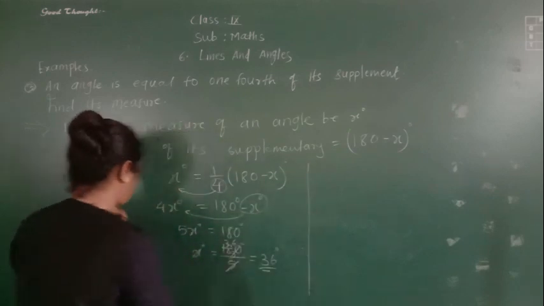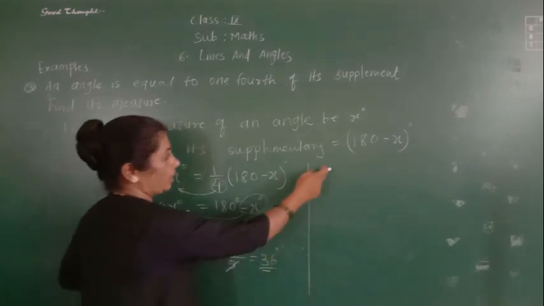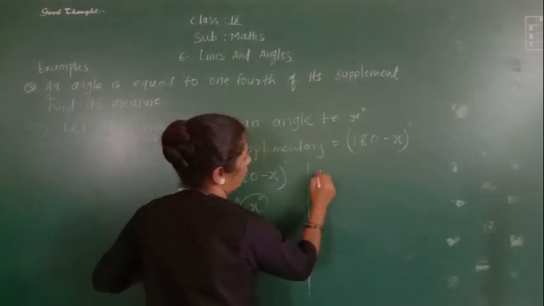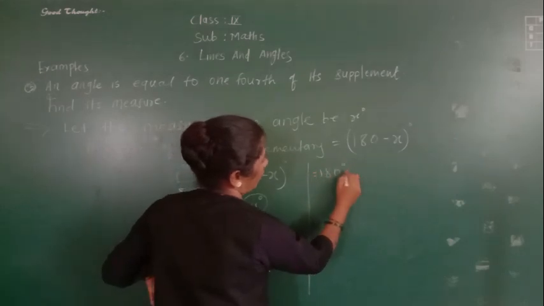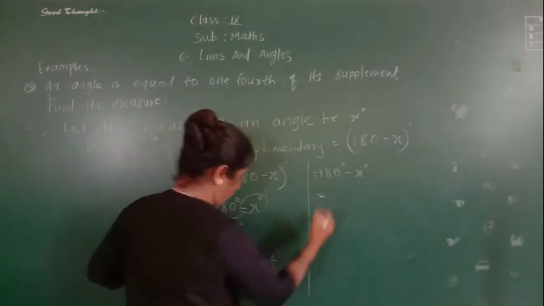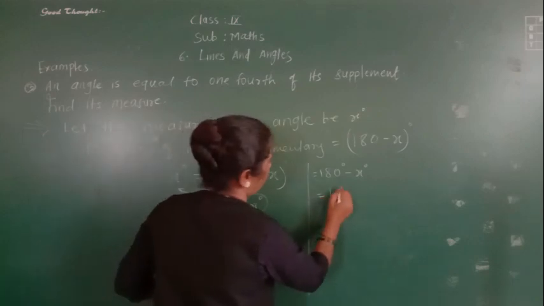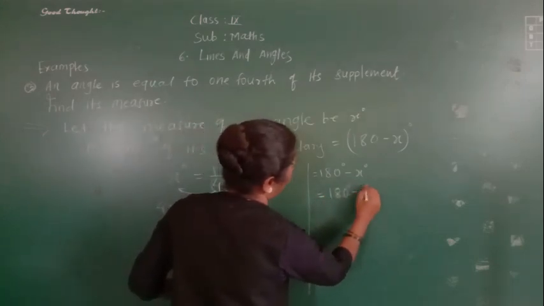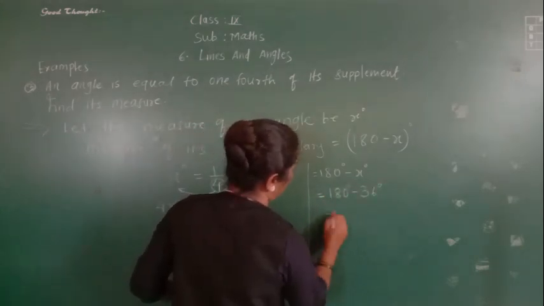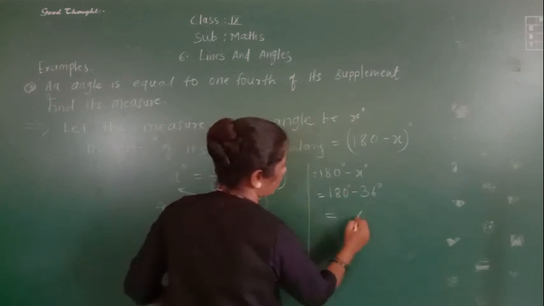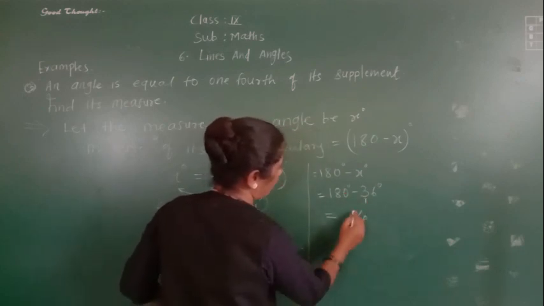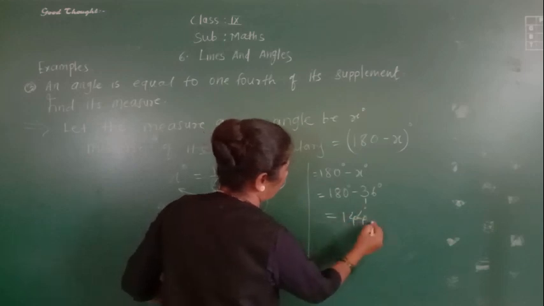Now here, what is its supplementary angle? 180 degree minus x degree, so 180 degree minus 36 degree. How many remaining? 10 minus 6, 4, and here 4, 144 degree.